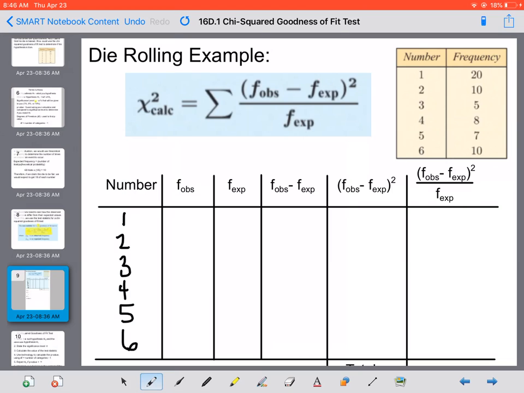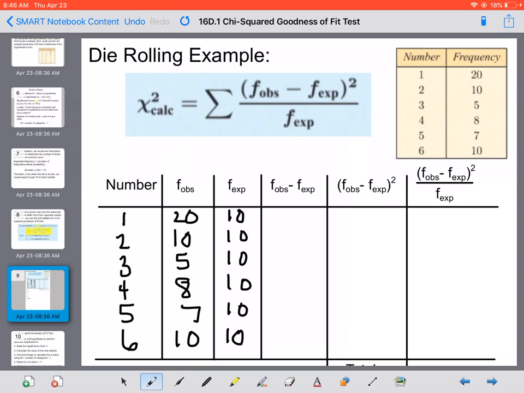And then our observed: I got a 1 20 times, a 2 10 times, 5, 8, 7, and 10. And then the expected: we took our 60 times the 1/6. So we expect a 1 to happen 10 times, we expect a 2 to happen 10 times, etc. In this case, they're all the same. They're not always going to be the same.